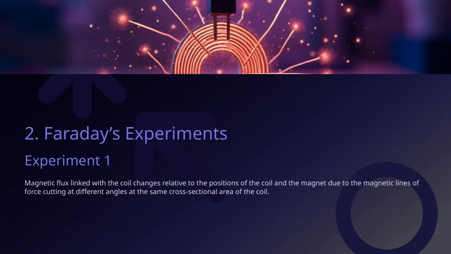It's a key concept because it explains why the induced voltage varies when the magnet and coil move relative to each other. This understanding sets the stage for Faraday's experiments, where he demonstrated how changing magnetic flux induces an electric current. So, in essence, the way magnetic lines of force interact with the coil is fundamental to understanding electromagnetic induction.